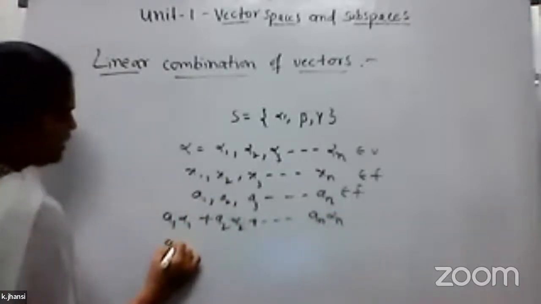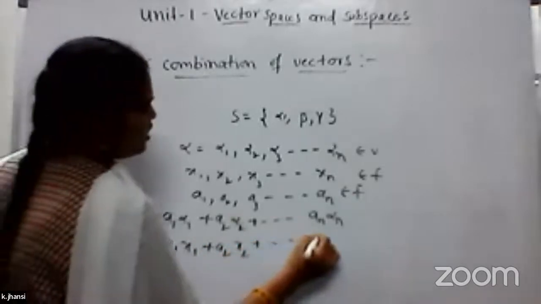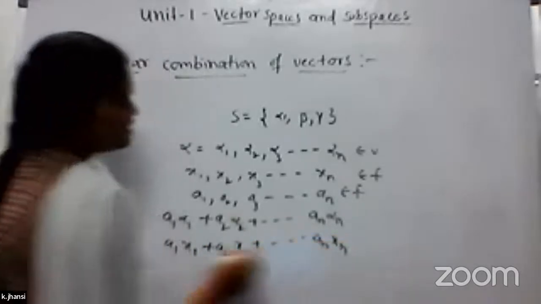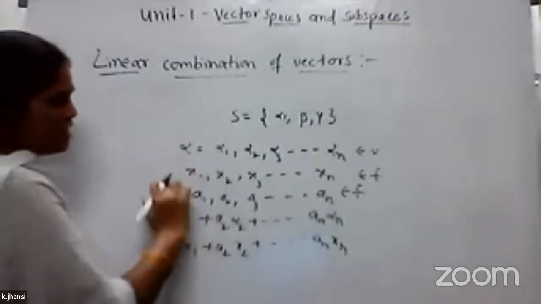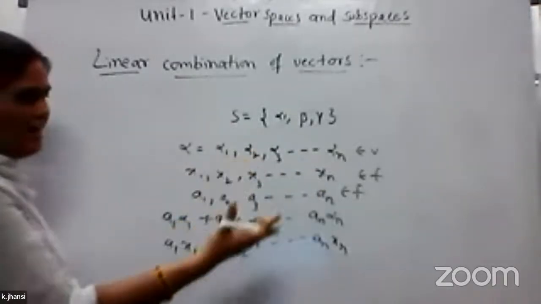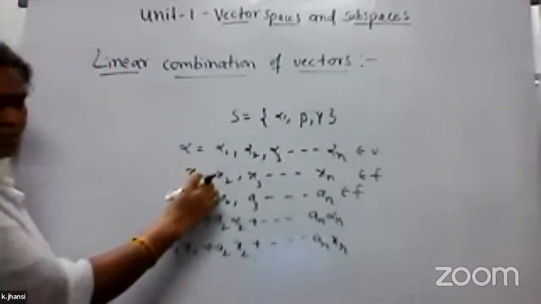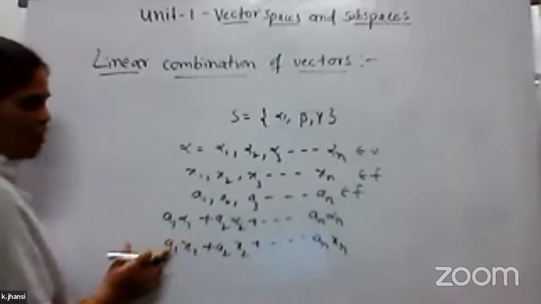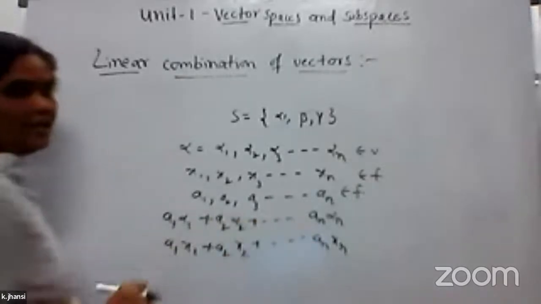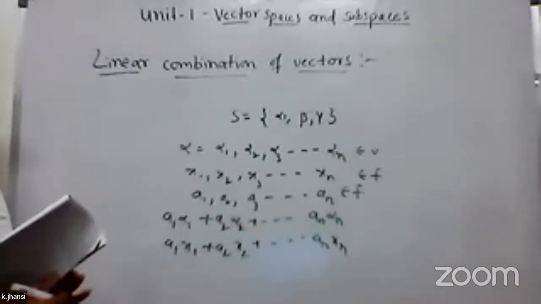That means whenever you take the vectors and the field of scalars, do the scalar multiplication of those two and add them, the resultant you get is called a linear combination of vectors.